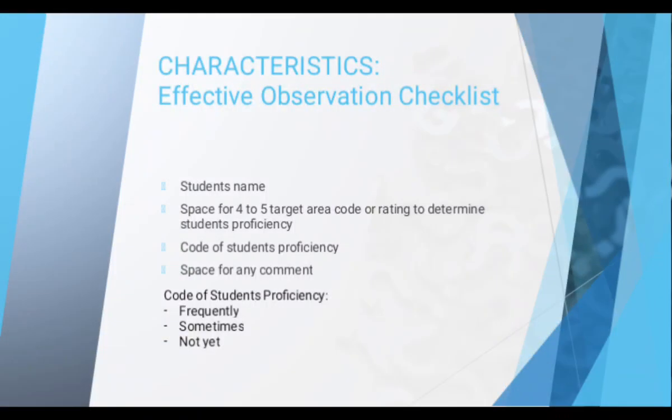Code of student's proficiency consists of frequently, sometimes, and not yet. This code of student's proficiency should be seen in the observation checklist in order for the teachers and the students as well to be guided in doing the task. This student observation checklist is used by teachers to conduct individual assessment of the student's behavior and interaction.